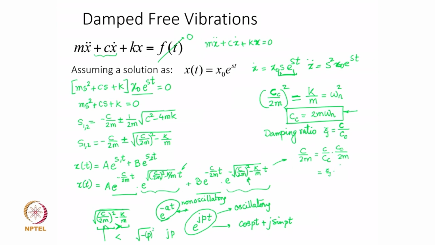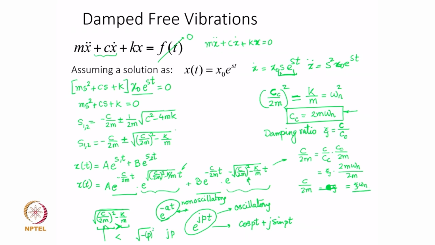Cc is already shown as equal to 2m omega n, and therefore, this is equal to zeta into omega n. So, C over 2m takes the value zeta omega n.